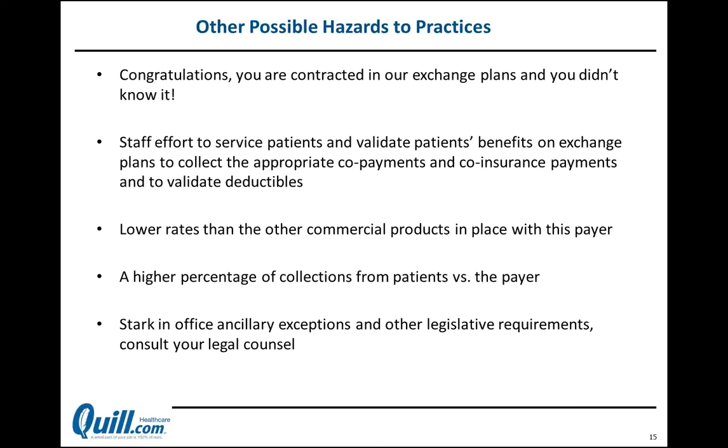And then there's the Stark in-office ancillary exceptions and other legislative requirements. Now, what does this mean? Well, essentially the Stark in-office ancillary exception means that if you're, for example, a urologist or orthopedist doing MRI in your office or labs and the like, that's where the Stark in-office ancillary exception would enable you to do that.